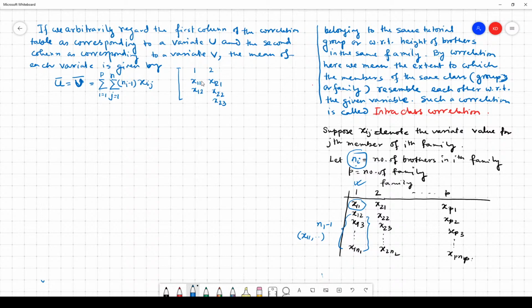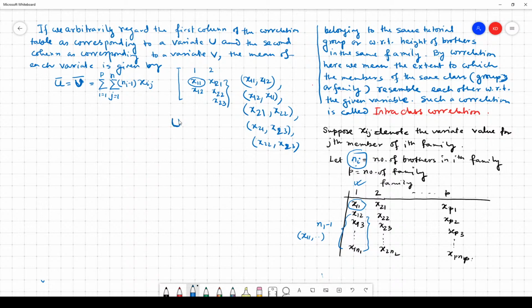That means if you consider x11 paired with x12, and similarly x12 paired with x11, again x21 paired with x22, x21 paired with x23, x22 paired with x23. So it is better to write U.